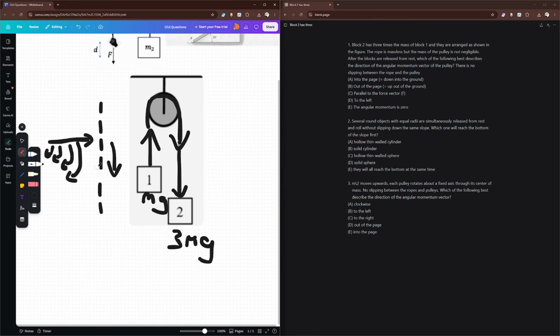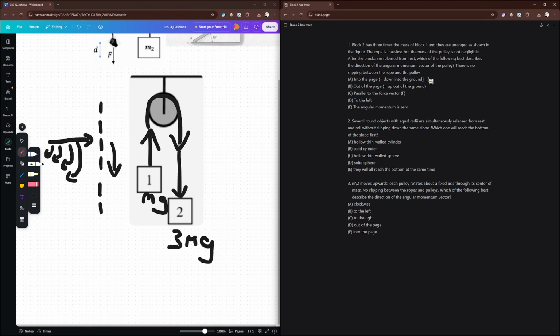You can do that yourself. Curl your fingers in the direction that these arrows follow, and then see where your thumb points into the screen. This is with your right hand specifically, and this is how you solve for your angular momentum vector. So that means your answer is not B, A, into the page.